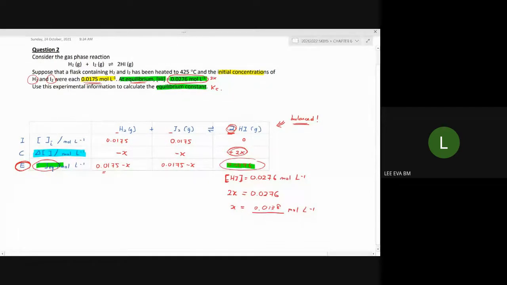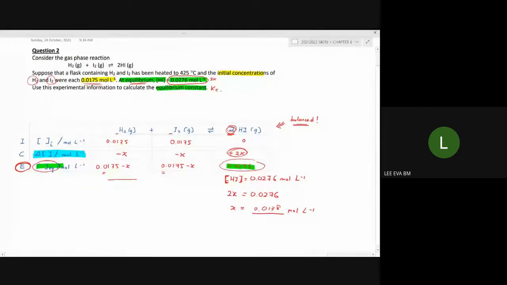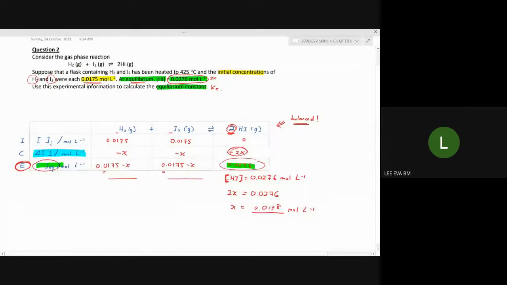So 0.0175 minus 0.0138. Boleh kira terus equilibrium concentrations for H2, equilibrium concentrations of I2, and then equilibrium concentration for HI, you have already got it. Boleh terus kira lah. Okay, can let me know what is your answer lah.